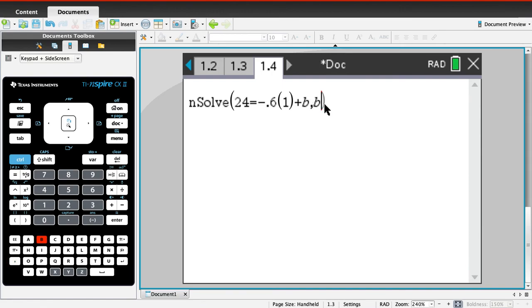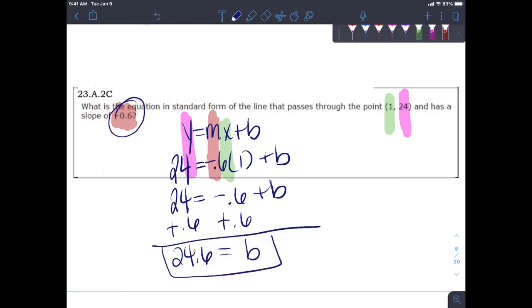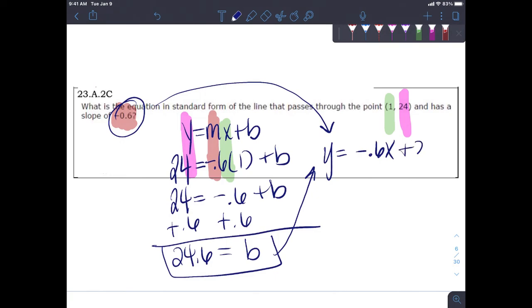You always have to put the comma. I'm going to hit enter, and it gave me the exact value that I had. So now I can proceed with plugging in my slope and my b value. So y equals negative 0.6x plus 24.6.